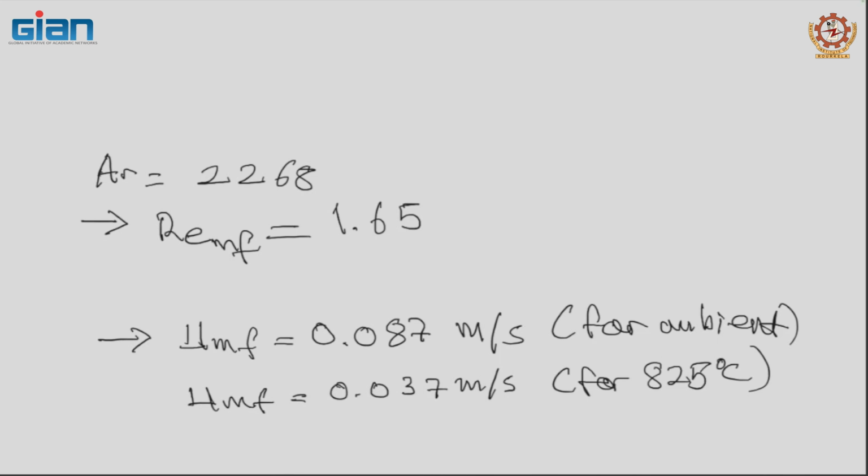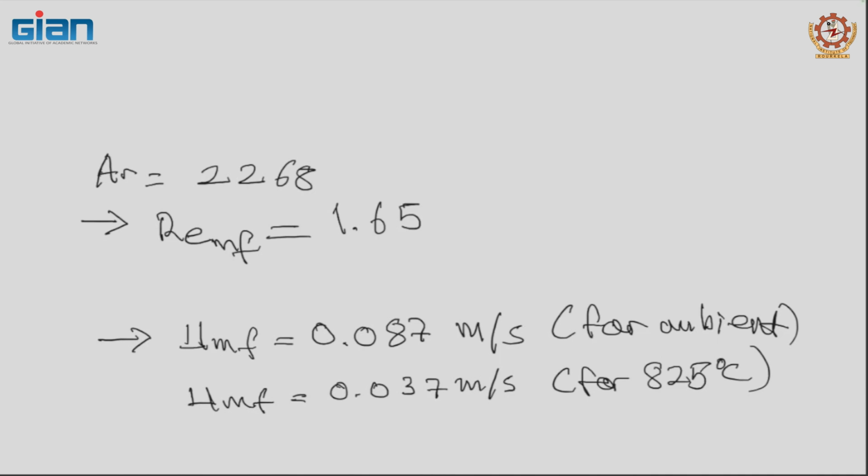Therefore, under ambient conditions you have a minimum fluidization velocity of 0.087, and at 825, because of different physical properties, it is further reduced. So even at lower velocity, you have achieved minimum fluidization.